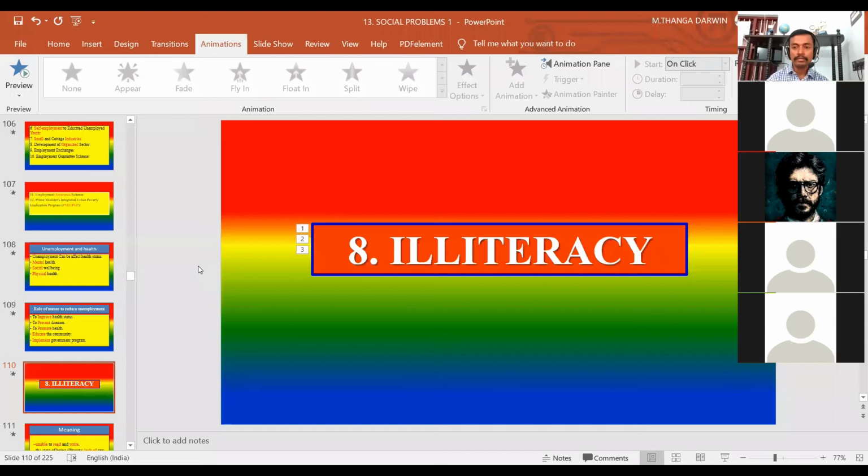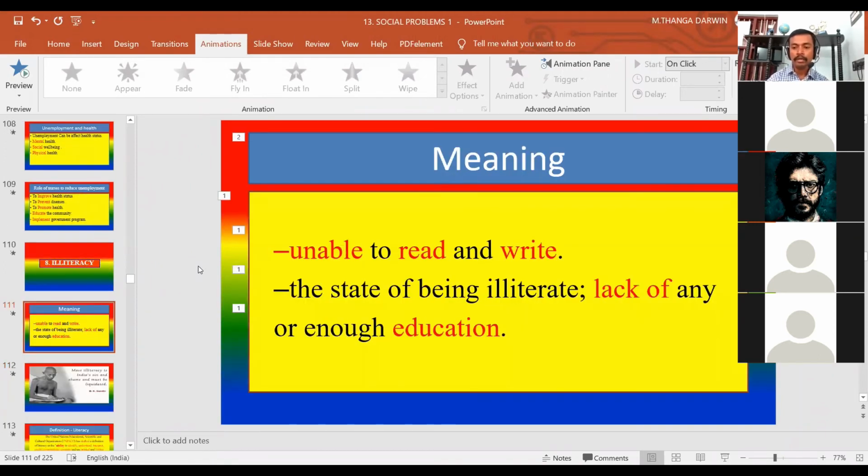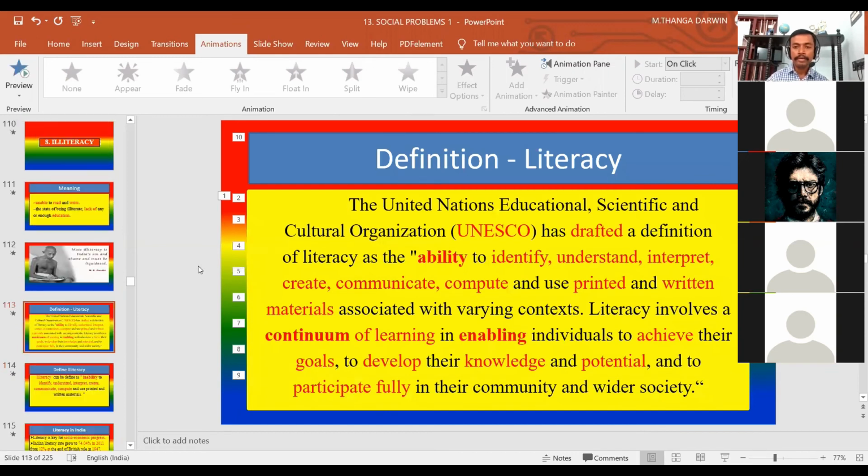Then 8, illiteracy. Illiteracy is a primary cause that leads to poverty as well as unemployment. It means being unable to read or write, lack of enough education. Look at this, the father of our nation said that mass illiteracy is India's sin and shame and must be liquidated. Define literacy.